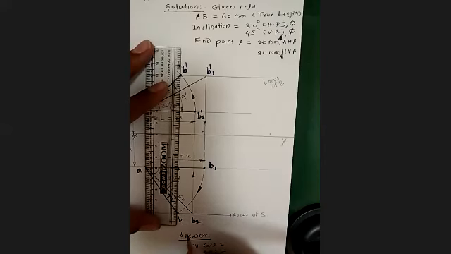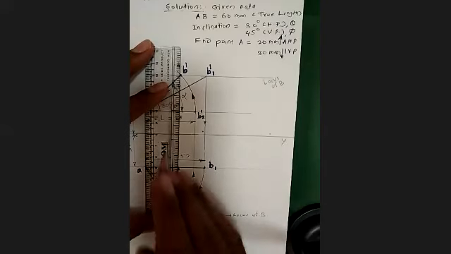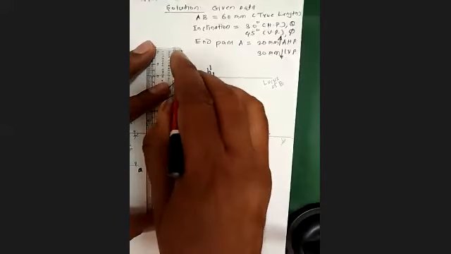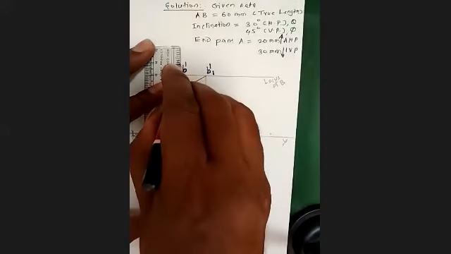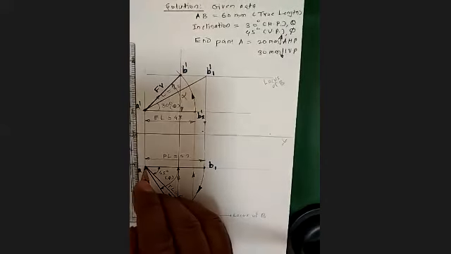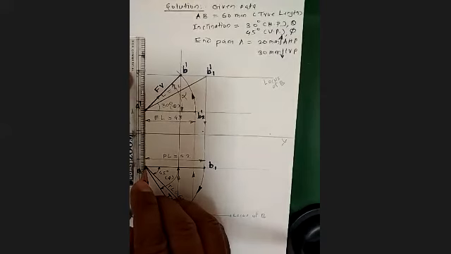Suppose I draw a common line through B to B dash, and take this line further.